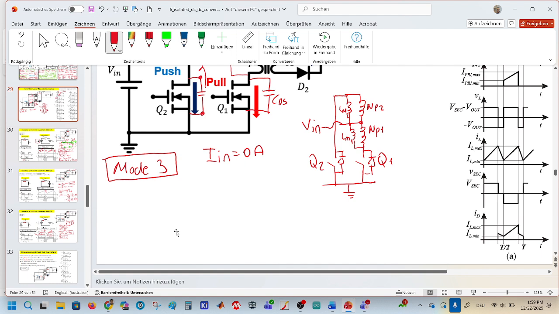So maybe just try to draw the, we know that the I of L is shown like this as it is in continuous conduction mode.